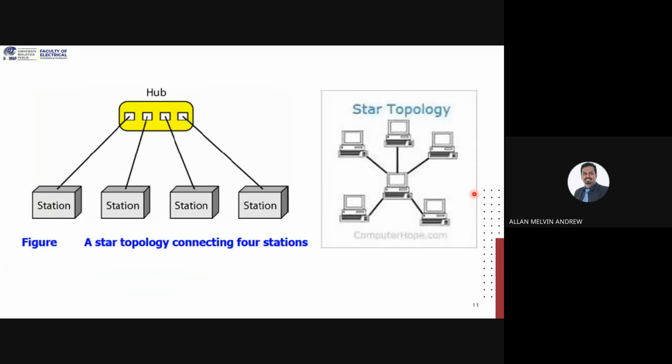Then we have a star topology. In this case, we have 4 stations: station 1, 2, 3, and 4. They are connected to the hub, which is sort of like our server.